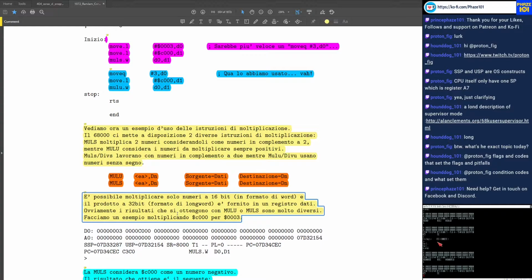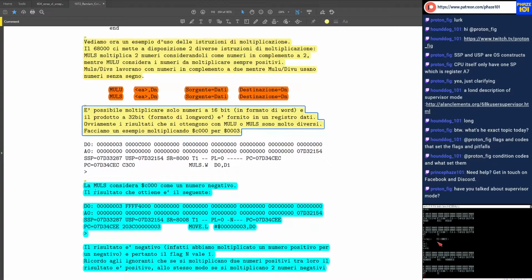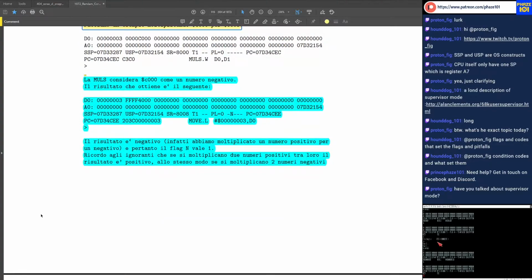So you need to be careful what you are working with, because multiply signed treats the numbers differently than multiply unsigned. So expect different results. So let's go to the Amiga and check the first part.